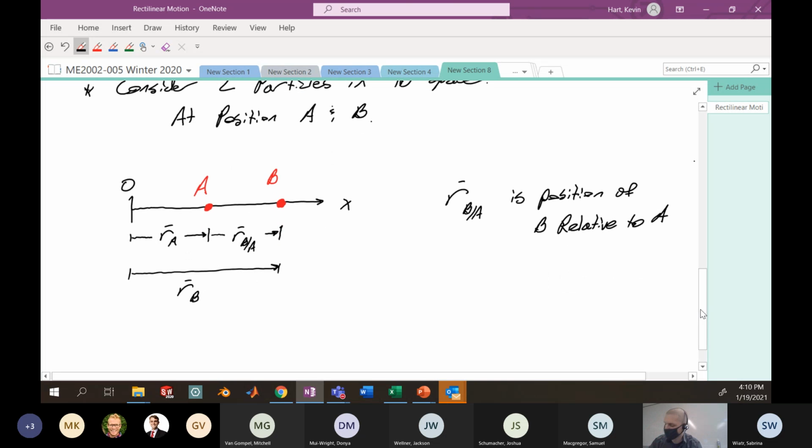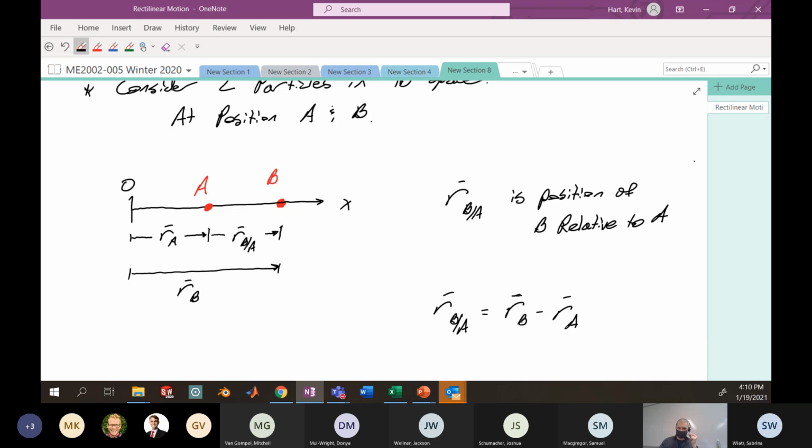And we can see mathematically that it's pretty easy to come up with a relationship between the position of A, the position of B, and the position of B relative to A. The position of B relative to A is the position of B minus the position of A. I'm doing this all in vector form right now because we're going to use this in 2 dimensions later.